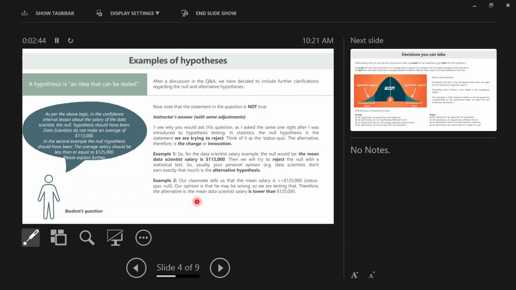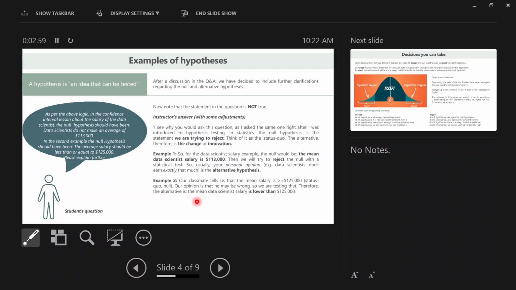Because you are not sure whether it is more than or less than, the alternative becomes data scientist salary is not equal to 113.